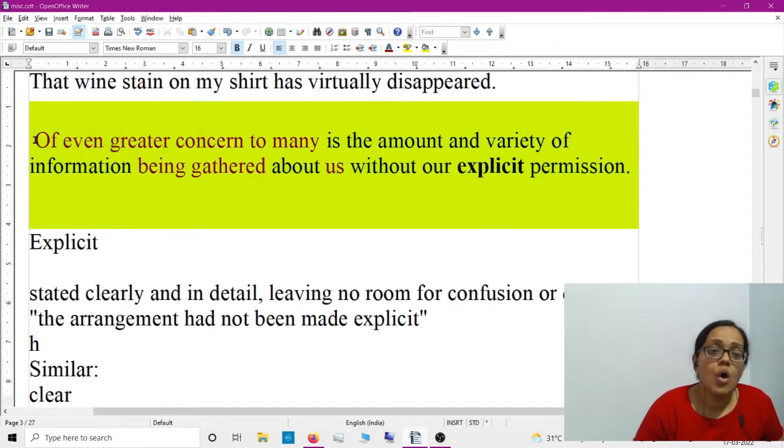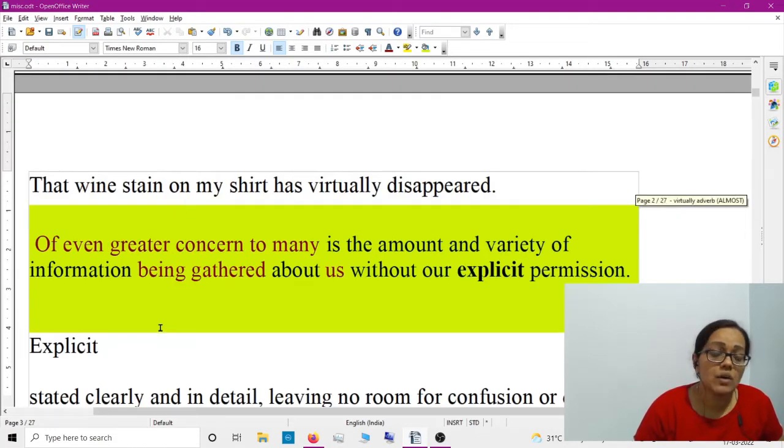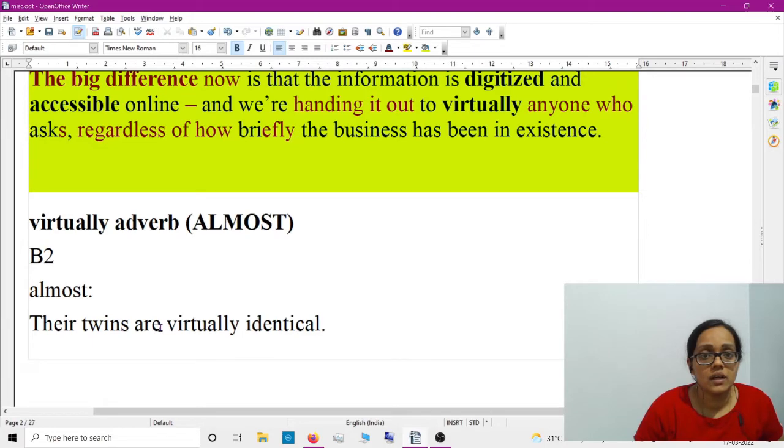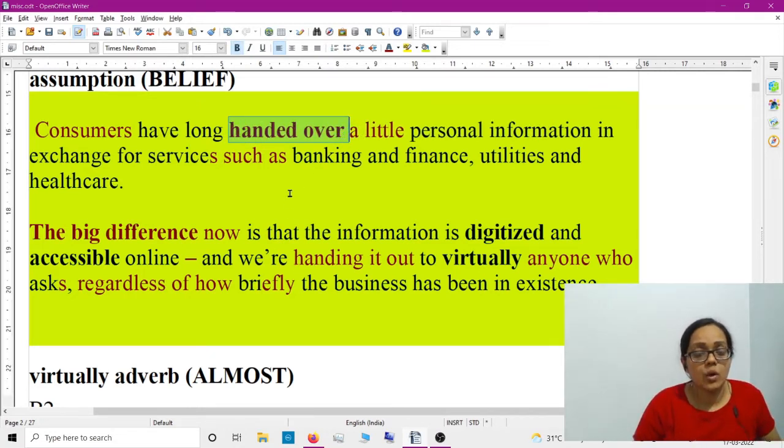Of even greater concern to many is the amount and variety of information being gathered. So it's like being gathered, handed out, handed over, right? Handing it out, handed over. See this vocabulary I'm talking about. Handed over, handing it out.